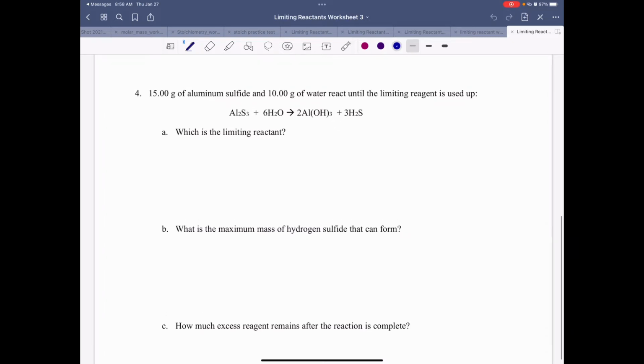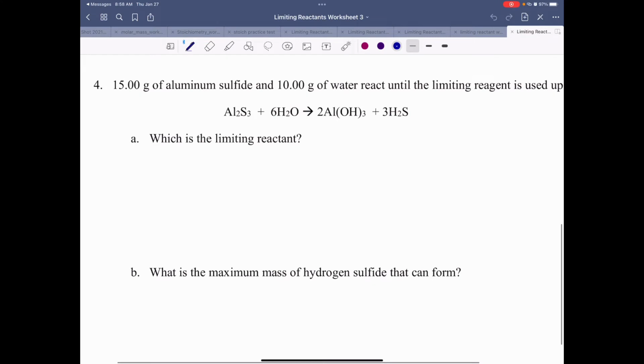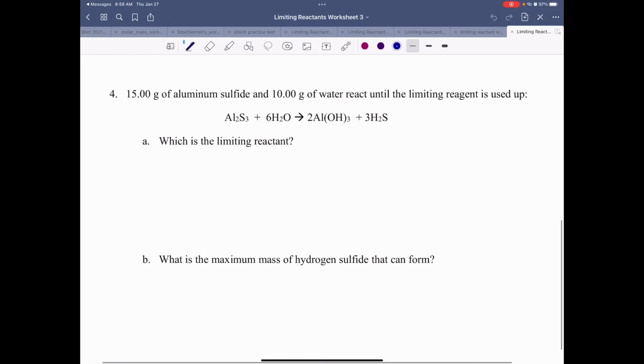So let's begin. In order to figure out the limiting reactant, if you look right here, we got 15 grams of this stuff, and we got 10 grams of this stuff, and we're trying to figure out which one is the limiting reactant. Now, it doesn't tell you which product to look for, but you can look for either one, because if water is the limiting reactant for aluminum hydroxide, then of course it's going to be the limiting reactant for hydrogen sulfide as well, right?